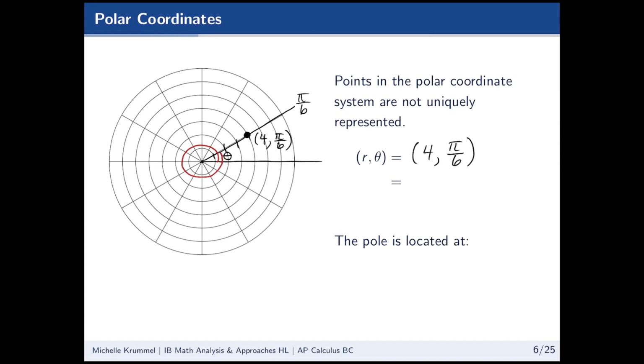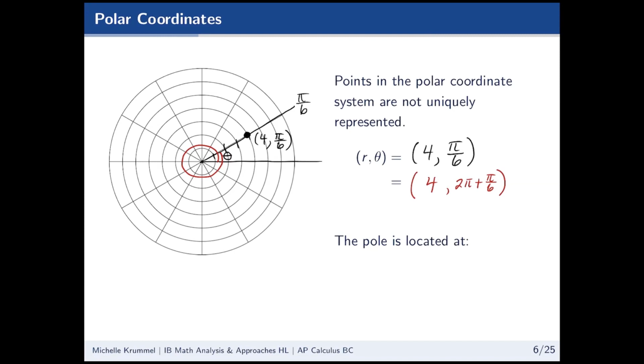That angle would also terminate in the same place here. So that angle would be 2 pi plus pi over 6, or pi over 6 plus 2 pi. And then I would still go outward 4 from the pole. So the polar coordinates 4, 2 pi plus pi over 6 actually represents the same point as the point with polar coordinates 4, pi over 6.